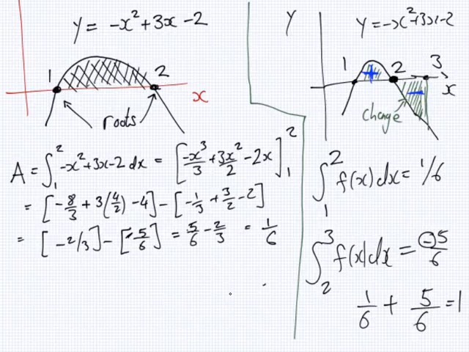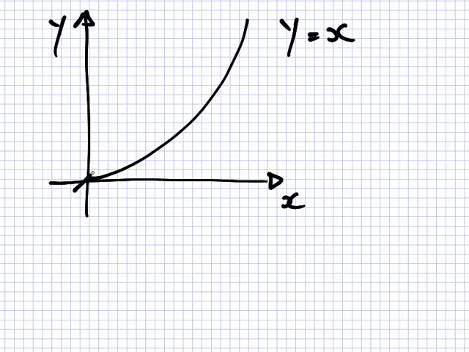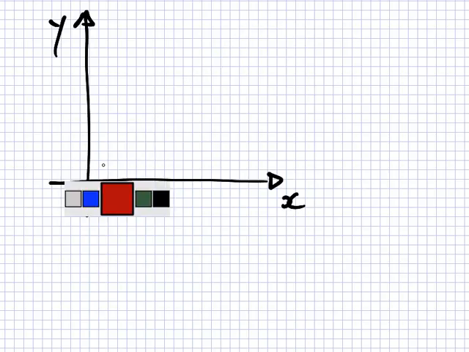Okay, one more example to do here. Can I scroll down? Right, let's have a look at this one now. This one is y equals x. Sorry, I'll use colours.